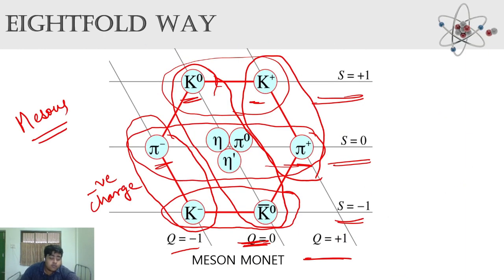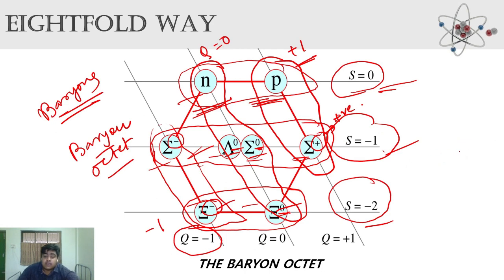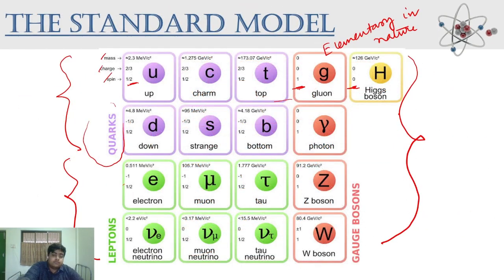In the case of the meson monet, the spin of all these particles, S stands for spin, because this is strangeness. So the spin of all the mesons here is 0, and the spin of all the elements of the baryon octet is half. Yeah. Now we are back with the standard model.